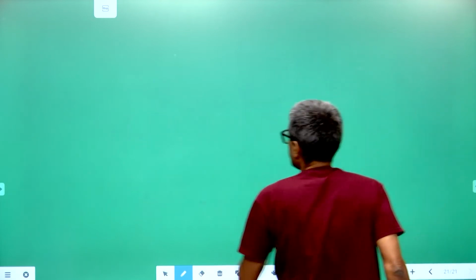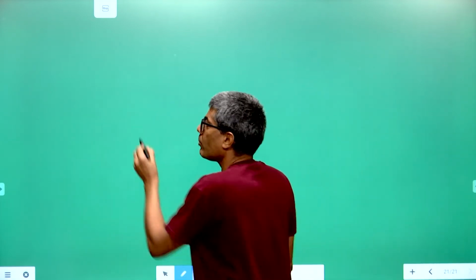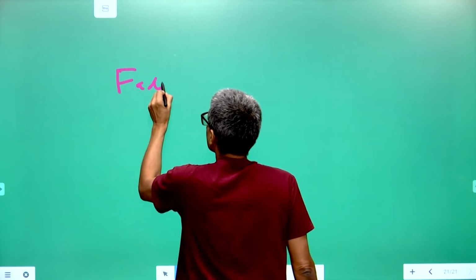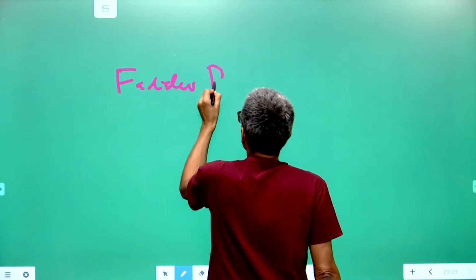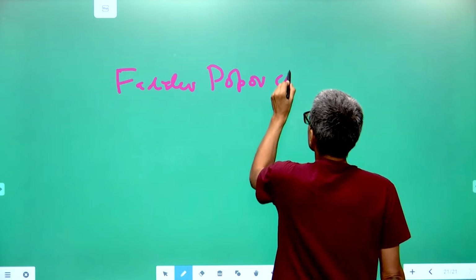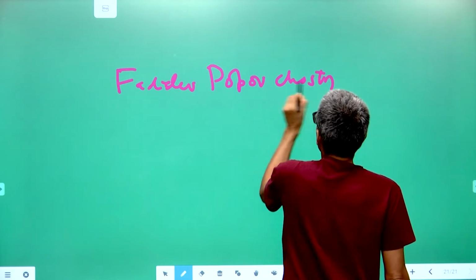So, the new gauge-fixed action, after adding these, are called Faddeev-Popov ghosts.